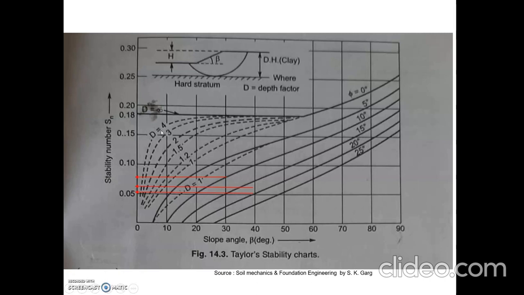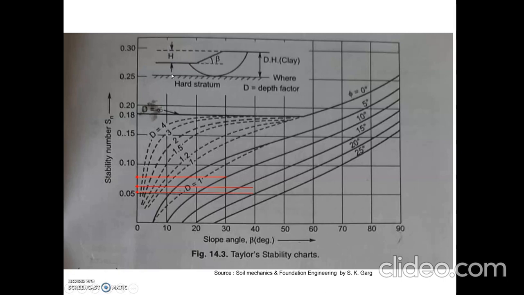And these dotted lines represent depth factor D, which is equal to 4 for the first curve. Second is for depth factor equal to 3. Third curve is for depth factor equal to 2 and so on. In the figure we can see the slope which is at angle beta and height of the slope is given as H. And a hard stratum is at a certain distance.